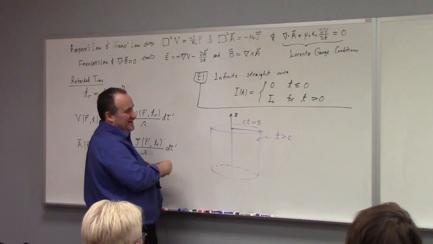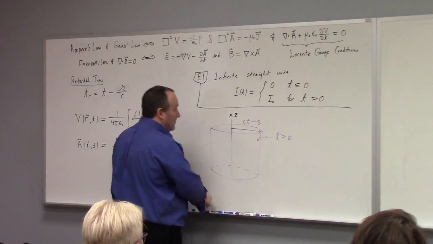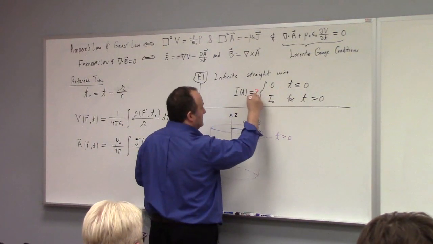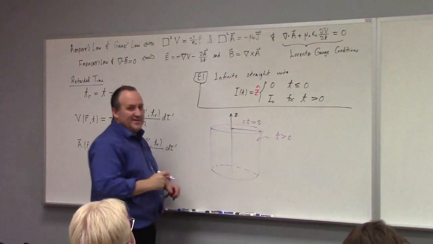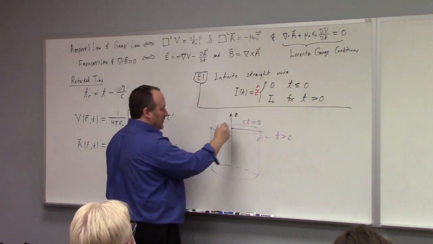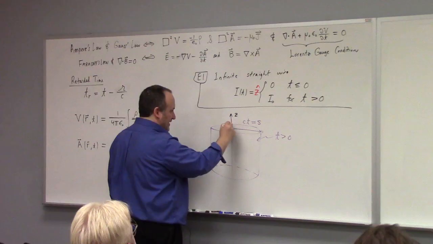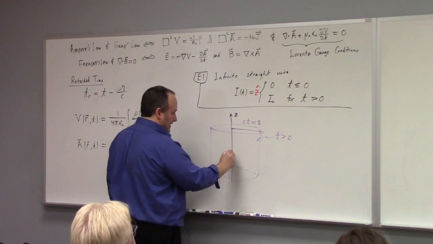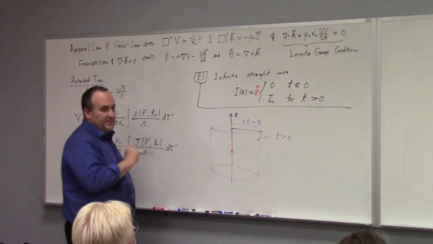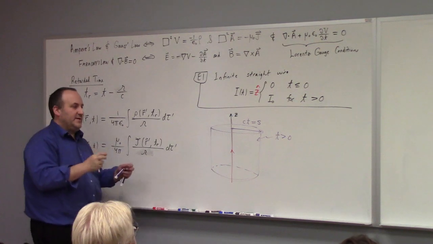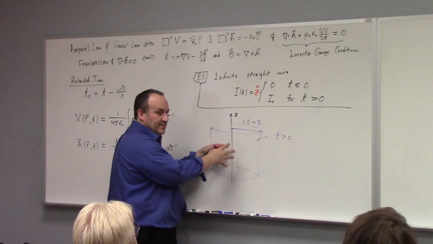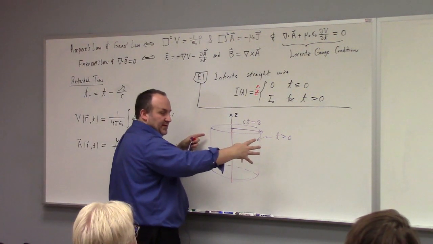I guess I didn't write that down yet, but z hat. There we go. So I'm supposing that the current is flowing along the z-axis, but it switches on at time 0. So after time 0, there's this signal spreading at the speed of light outward.